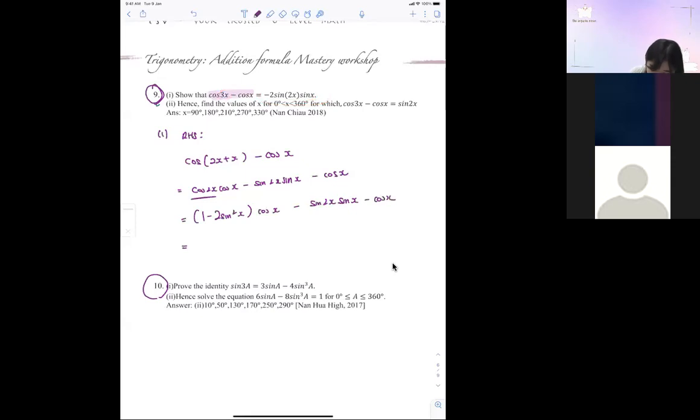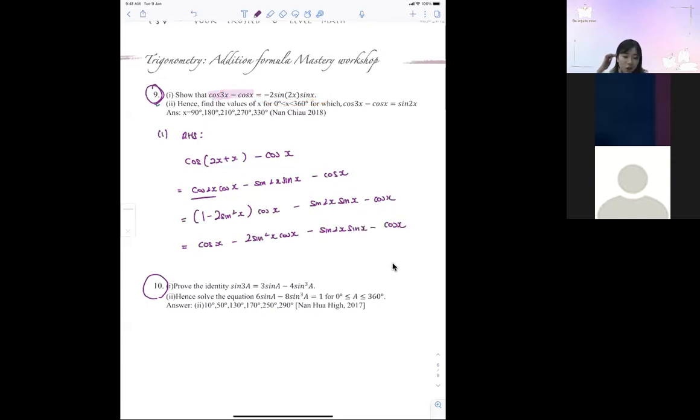Okay, expand, you get cosine x minus 2 sine square x cosine x minus sine 2x sine x minus cosine x.